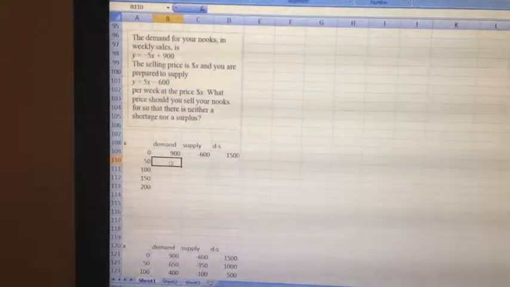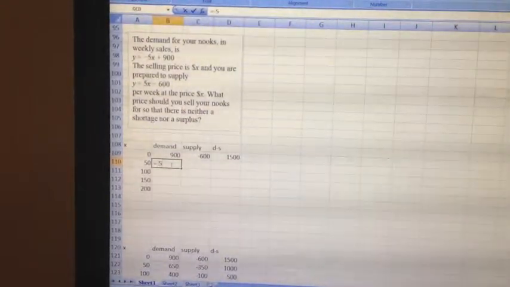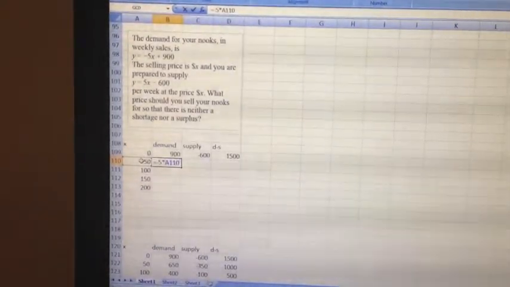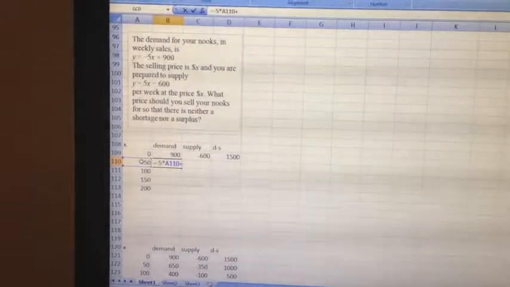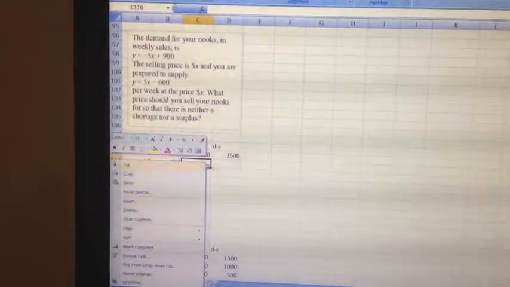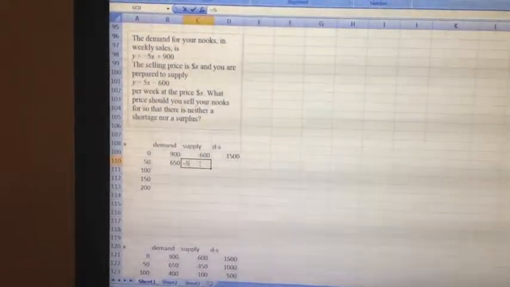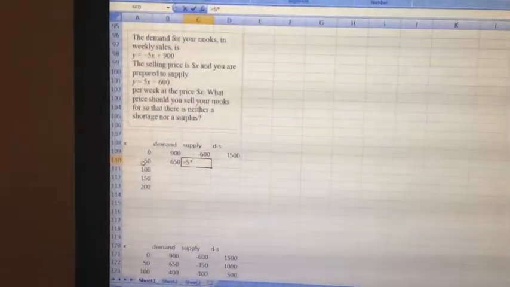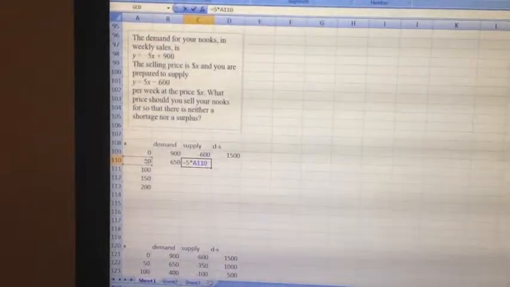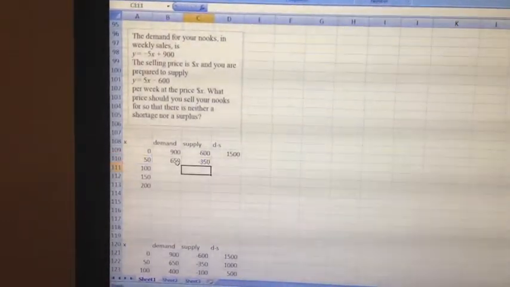We can do it again, the same thing. We could do negative 5 times our X value of 50 plus 900, hit enter. We could do equal to 5 times our X value minus 600, hit enter.